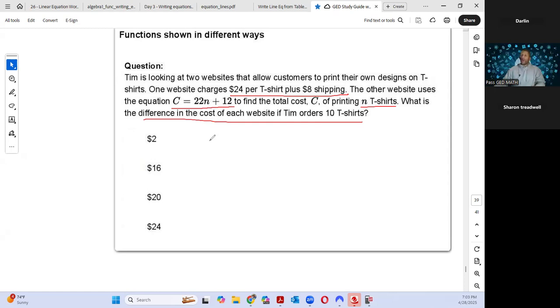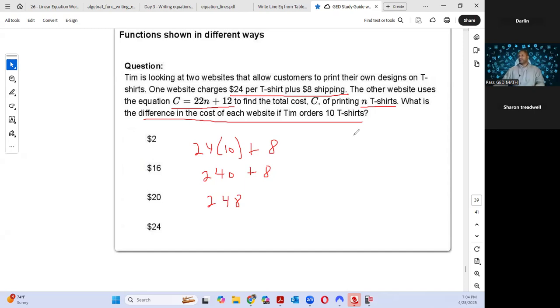So how much would it cost if we order 10 t-shirts from the first website? We would do 24 times 10 plus 8. What is 24 times 10? 240. And plus 8? 248. Perfect. What's the second equation?